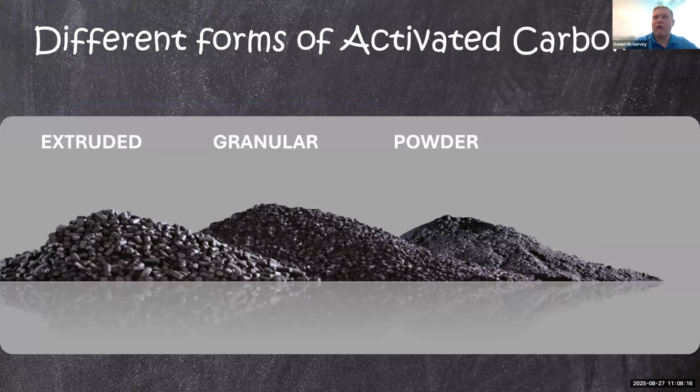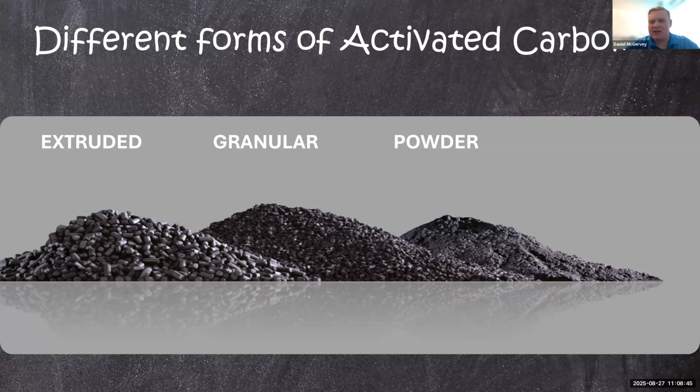So we'll start with different forms of activated carbon. The main focus today is going to be on granular, but I do like to note there are a couple different forms as well, like extruded and powder. Extruded carbon is usually used more in air and gas removal compared to water. Granular is more typical in removing things from water, and then powder is also a lot of times used in water and drinking water, but it's not the exact same process as a granular carbon.